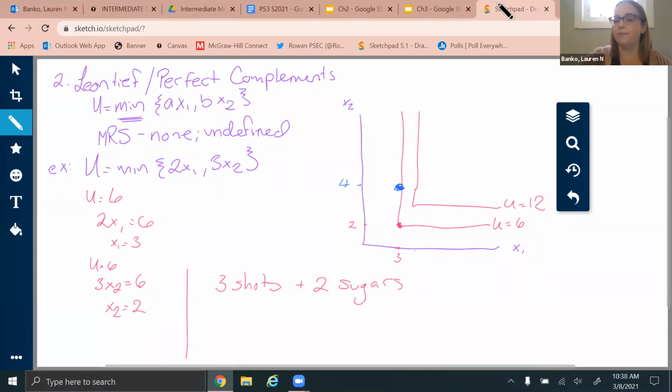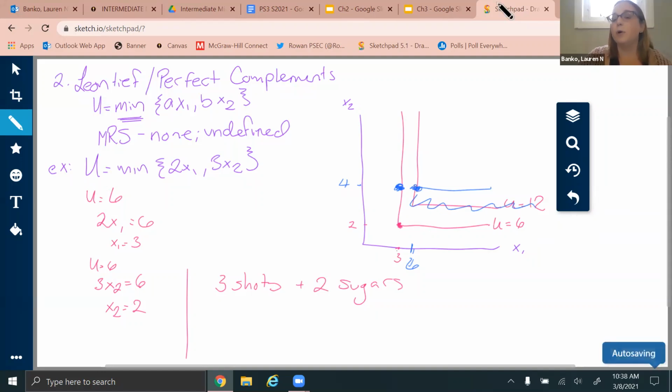So if I jumped up to a different point, say 4 shots of espresso, this would be 6, sorry. I was just making up numbers, I shouldn't do that. So say I end up with 6 shots and 4 sugars. Well, that would make me very happy. And technically, this isn't drawn right, but it should look like this.